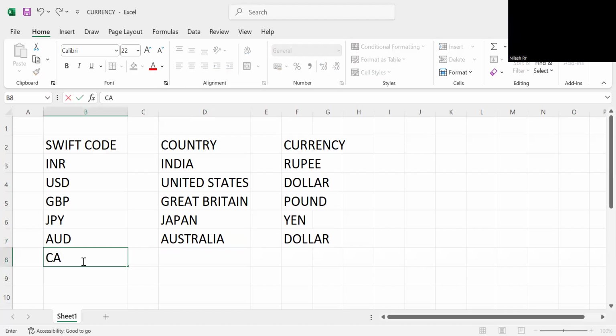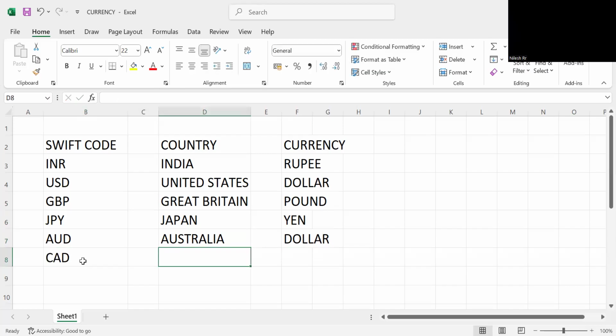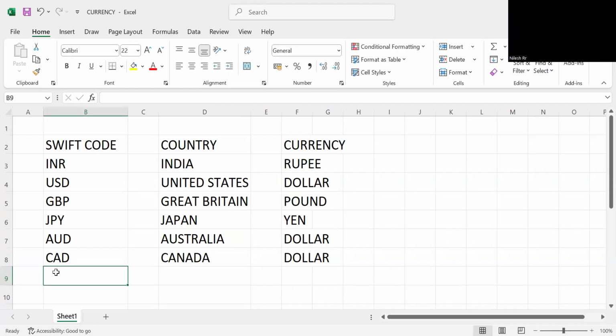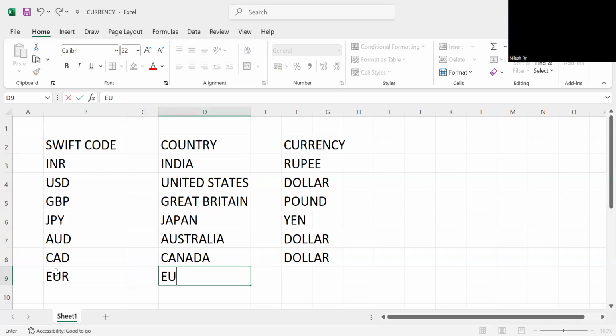Then we have the country Canada, and that is called the Canadian dollar. One group of nations, the European nations, have a currency called euro, and that is used in a few of the countries from Europe. We call that euro, but its Swift code is EUR.